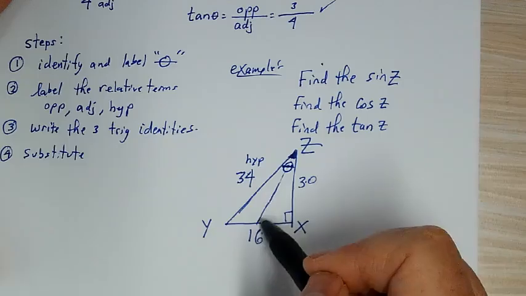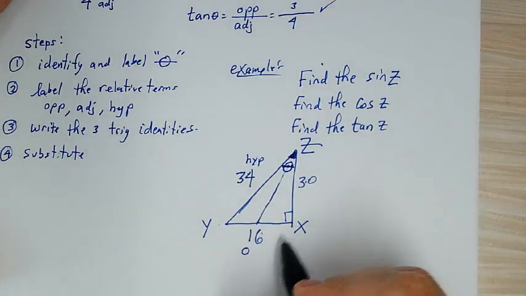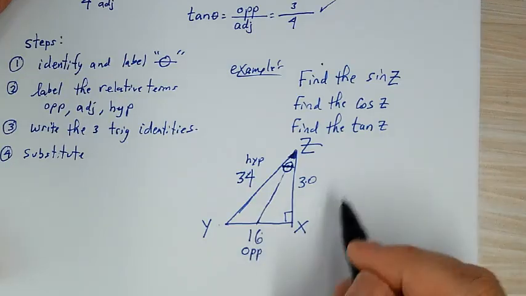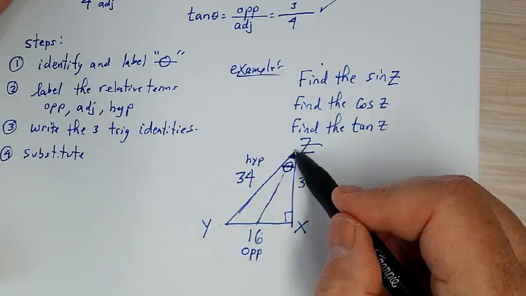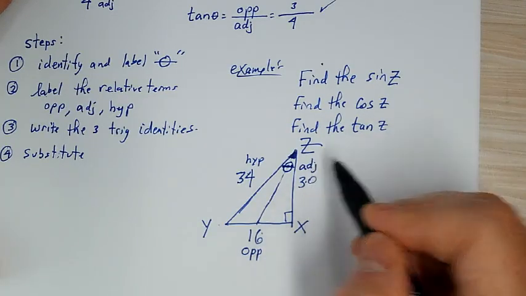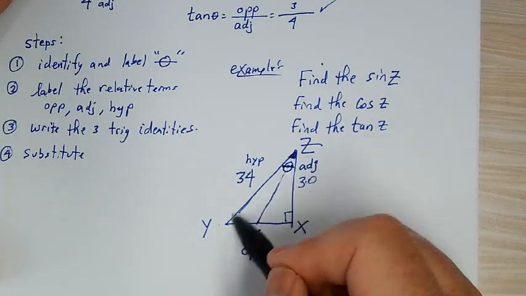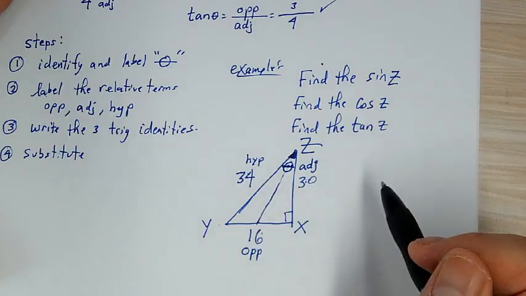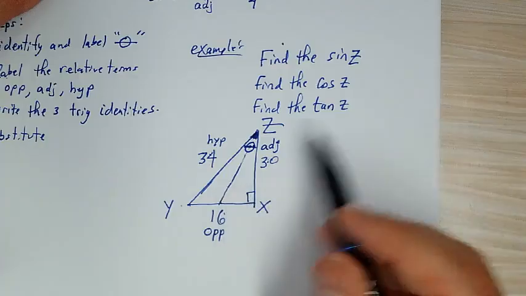So guess what? Side yx is the opposite side. And the leg that touches theta is called the what? The adjacent side. Because that's the opposite, that's the hypotenuse, that's the adjacent. So once you label all that, and eventually you'll not have to do any of that because it'll be like second nature.